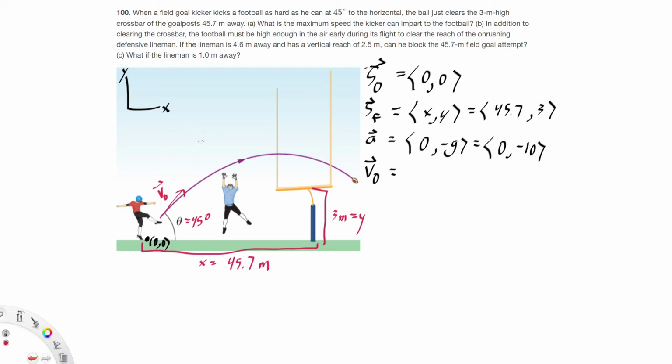So if we have an initial velocity, the x part of that is going to be whatever the initial speed is times cosine 45, and the y part is going to be whatever the initial speed is times sine 45.